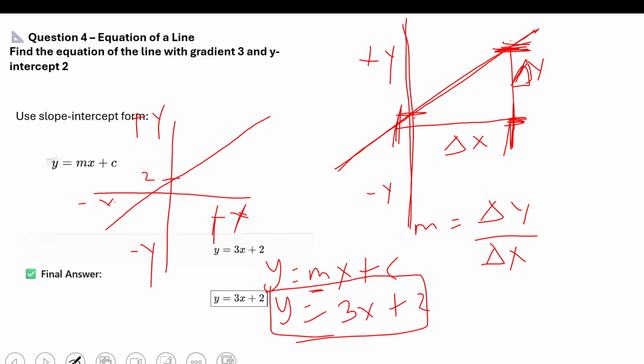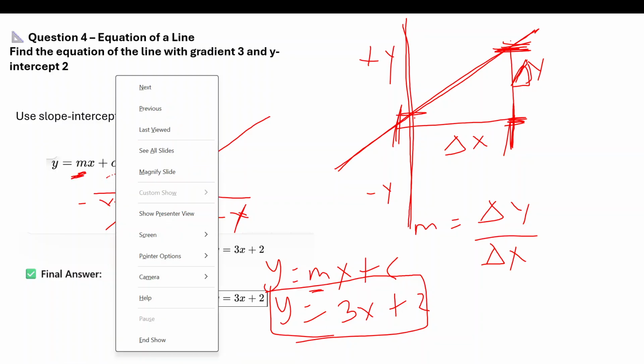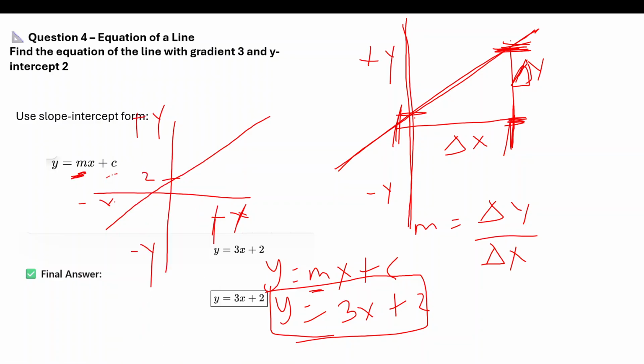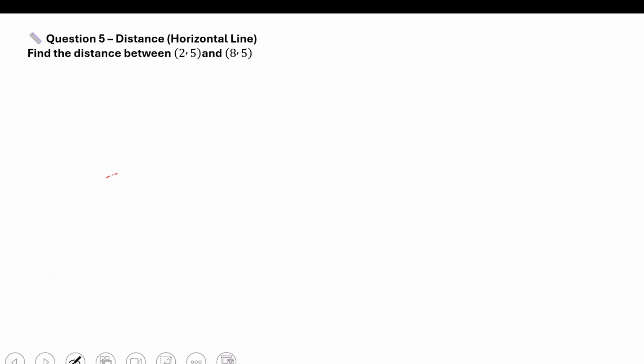This question is testing whether you know the equation of a line and the definition of the parameters gradient and intercept. In that equation, gradient is m and intercept is c. Okay.